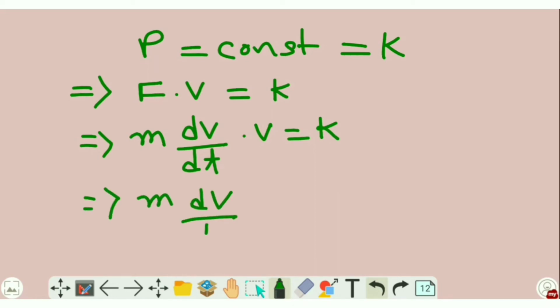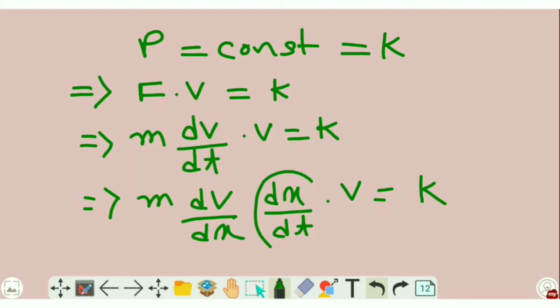We can write it like this: dx by dt into v is equal to k. So what is dx by dt? It is basically v. Okay, so m v square into dv by dx is equal to k.